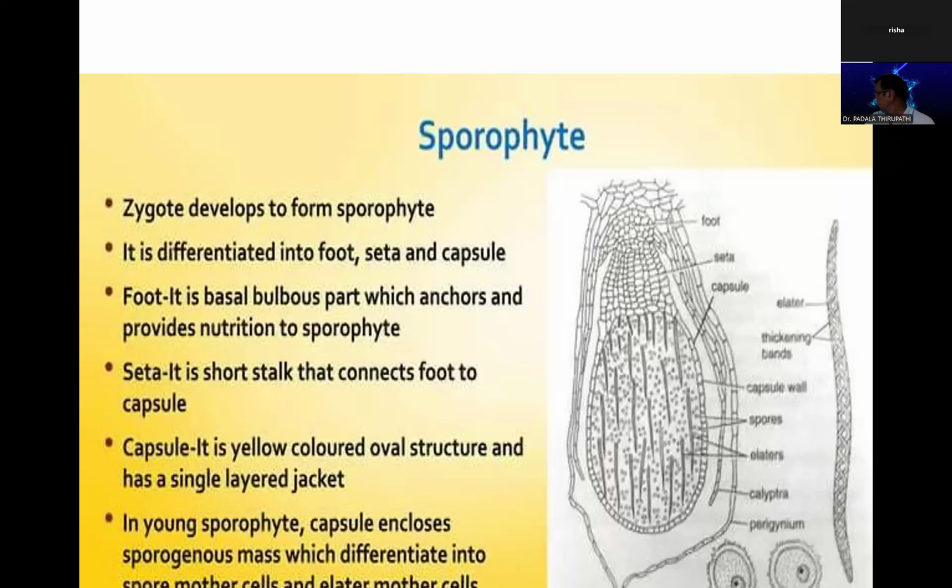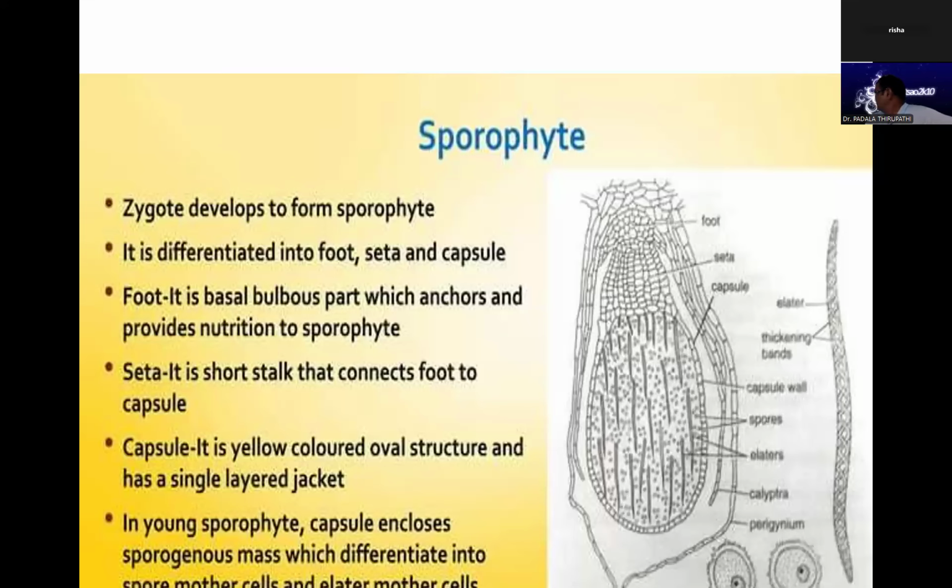The foot is a basal bulbous part which anchors and provides nutrition to the sporophyte. In this diagram, the foot is present above, in the archegonia region, the venter of the archegonia.